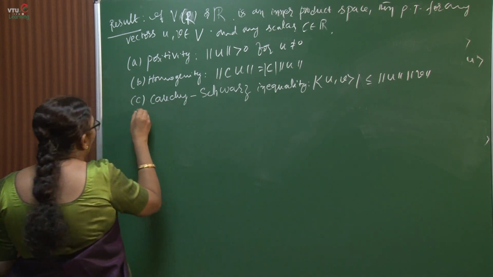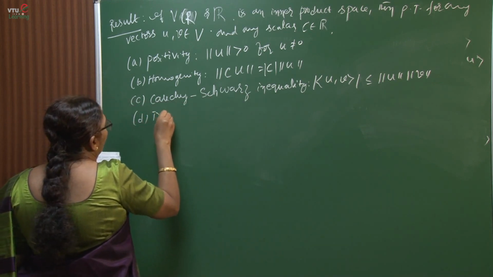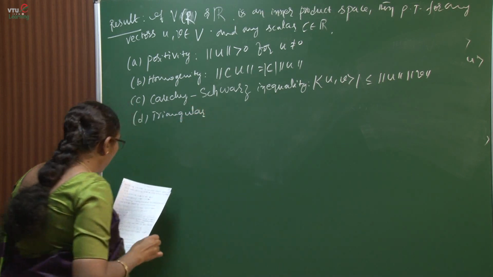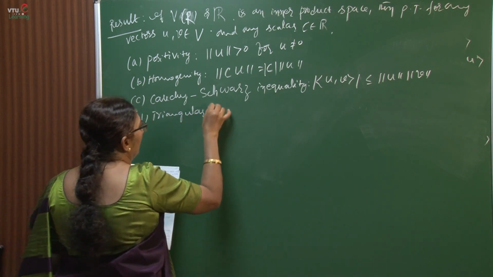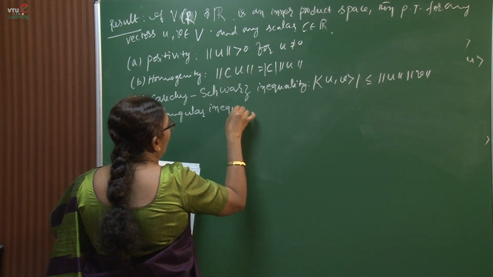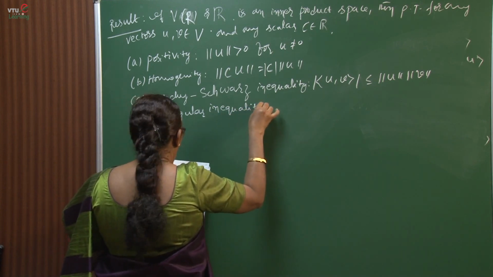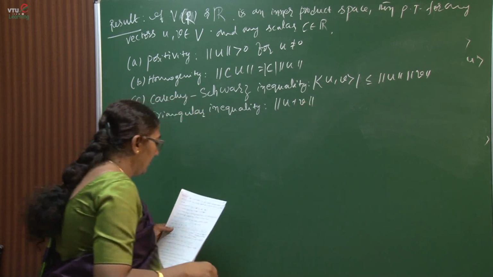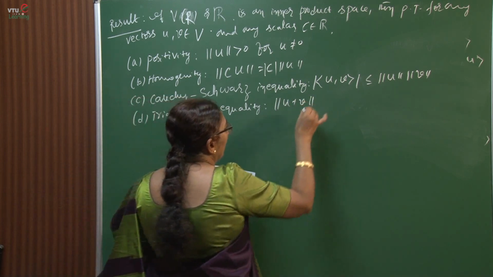Triangular inequality, the last one: the norm of u plus v is less than or equal to the sum of their norms.